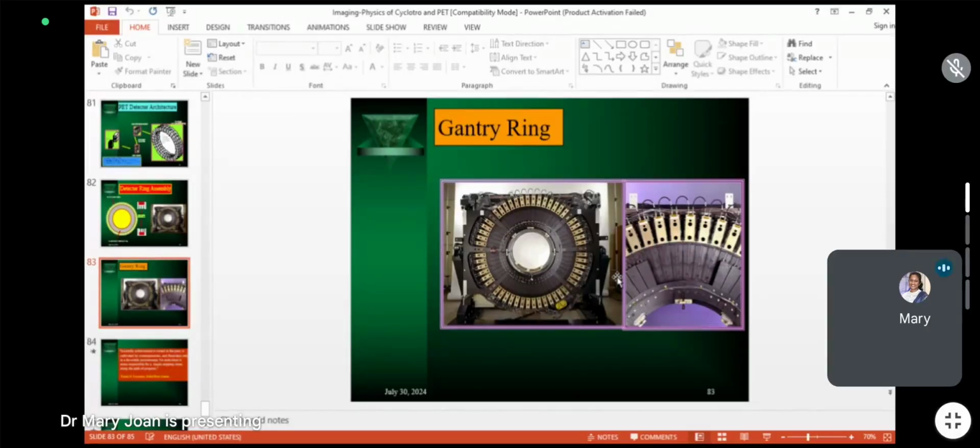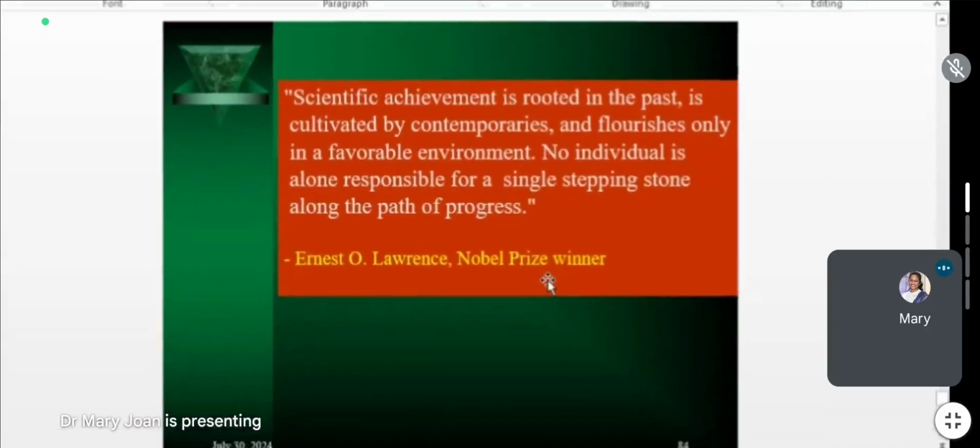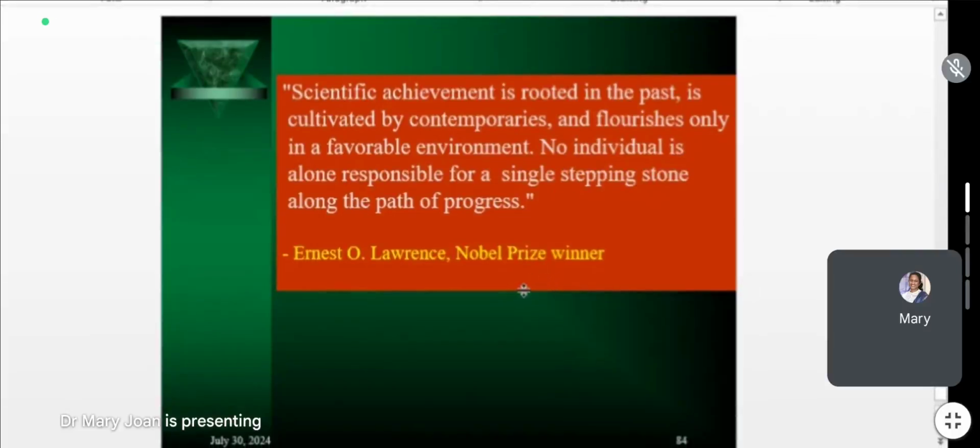So this is a picture of the gantry ring. He is the inventor of the cyclotron system, who devised the Ds where the direction of the particle can be bent using a magnetic field, and the acceleration can be achieved within a finite distance.